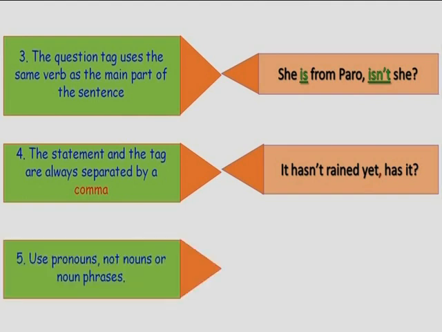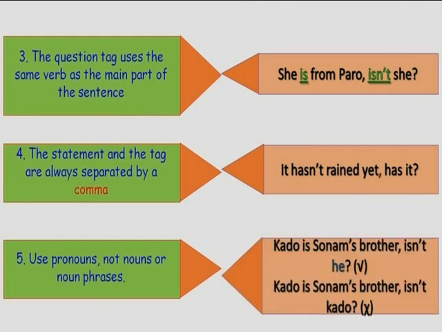Use pronouns. I hope you have been learning pronouns from class PP itself, right? So, I hope you know what is pronoun, right? So, use pronouns, not noun or noun phrases. Okay, example say here. Kado is Sonam's brother, isn't he? So, that is the correct form of using question tag, right?